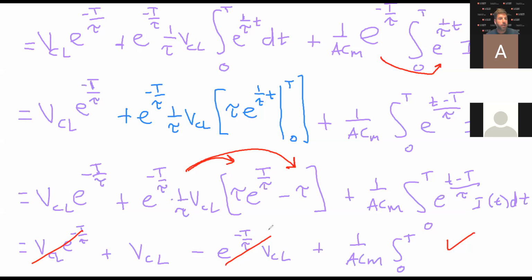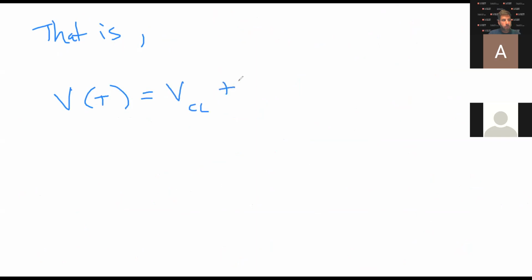Remember this expression, if we go to the next page and just summarize. Our voltage at any time capital T is now given by this expression: resting voltage plus this number times this integral.